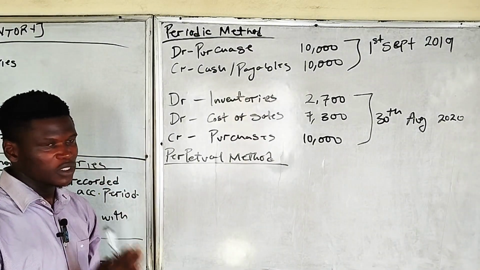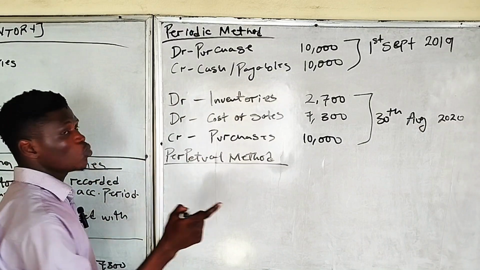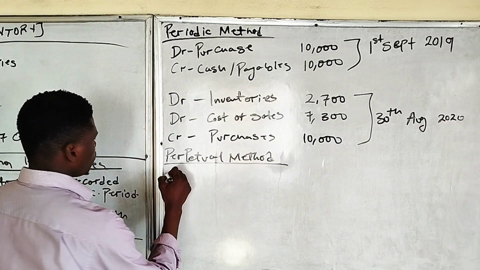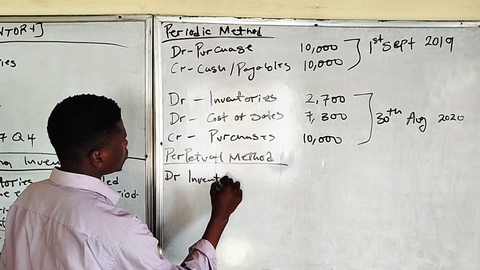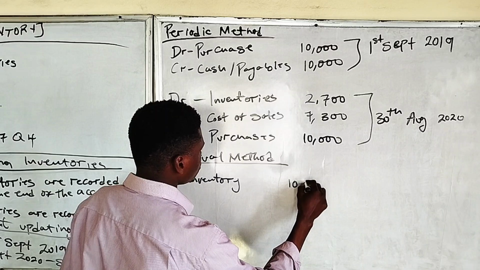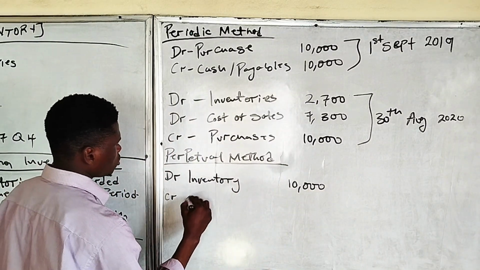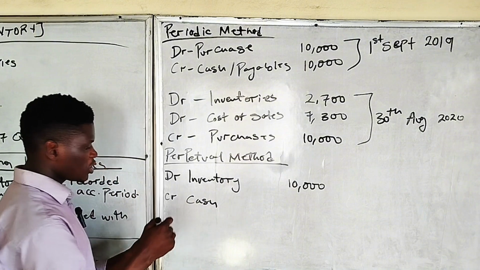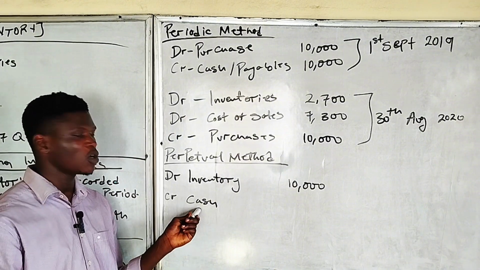Automatically at the date of purchase, when we purchase this 10,000, we will recognize inventory. So we'll debit inventory 10,000. Remember, if we pay in cash, we'll credit cash. Crediting cash means that we are deducting from cash. Cash is a current asset.